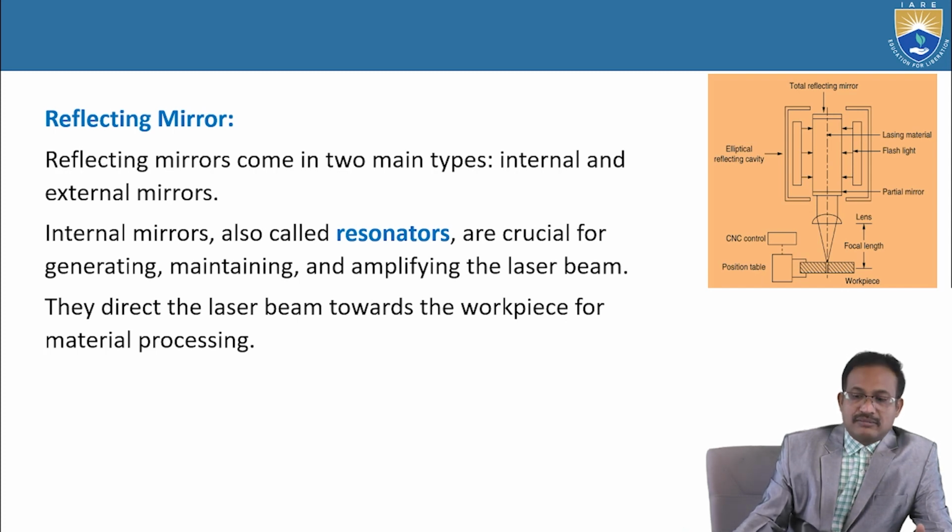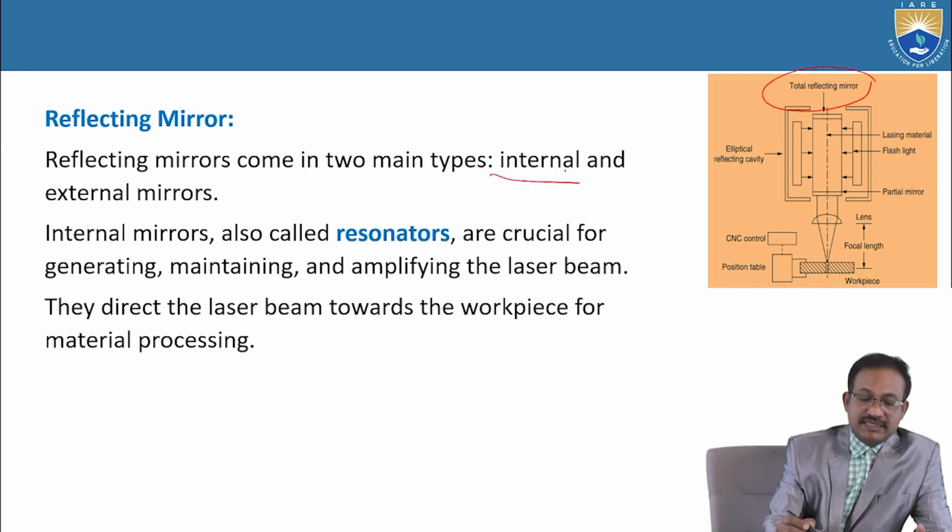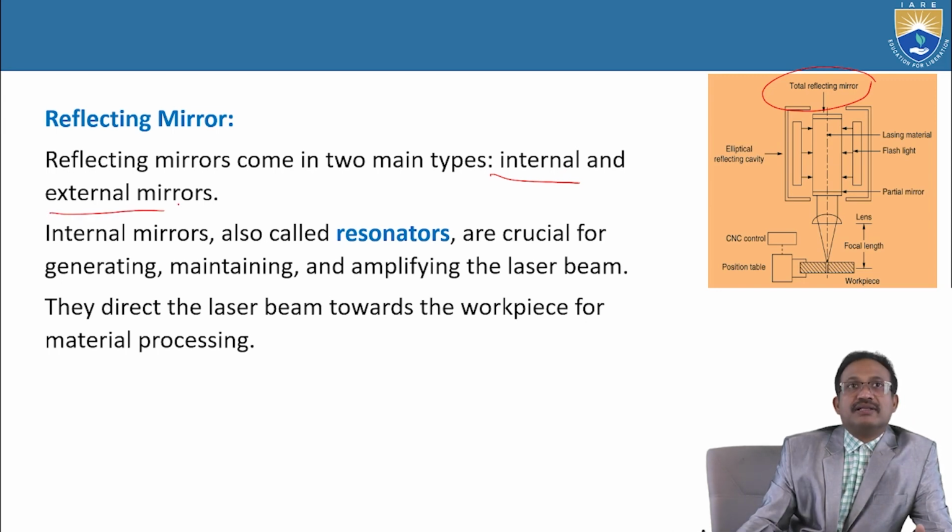Reflection mirror. See here, we can see the reflection mirror. Reflecting mirrors come in two main types: internal and external mirrors.